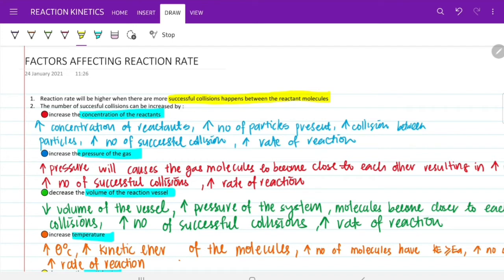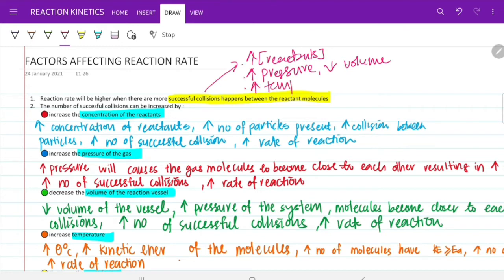How to increase the number of successful collisions is by controlling these several factors: increase the concentration of the reactants, increase pressure, which is related to decreasing the volume of the gas or the vessel, third, increase the temperature, fourth, reduce particle size, and lastly, adding catalyst. I'm going to go through the variables one by one afterwards.